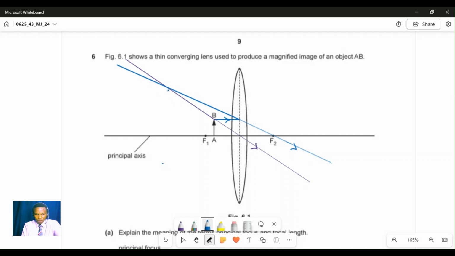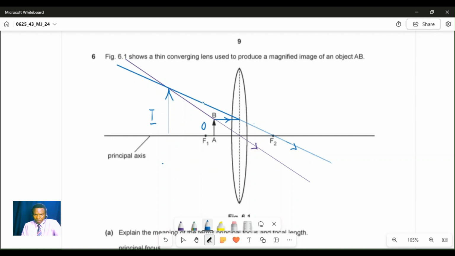Where the two cross, this is where the image is formed. So this is the image I, and this is the object.